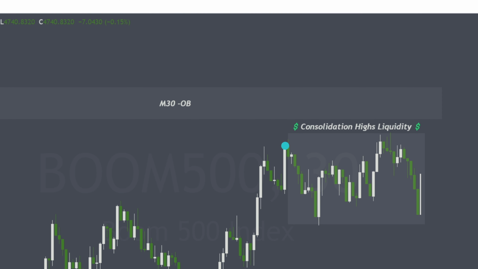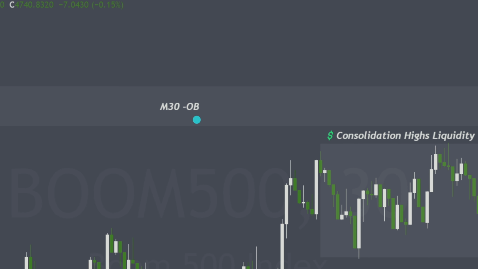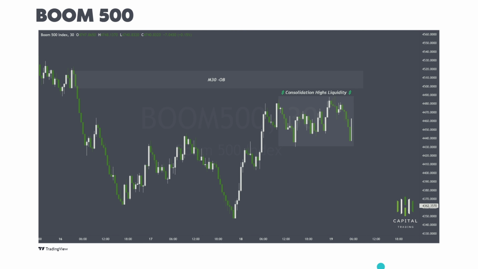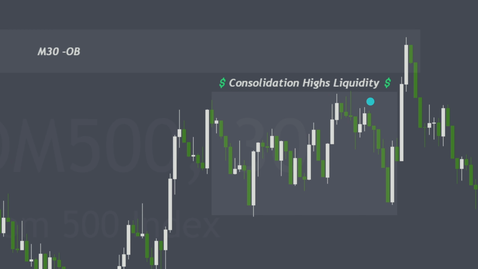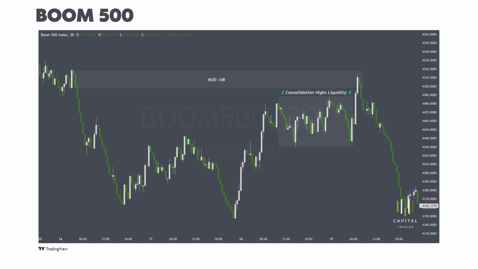So that's what we did. We managed to identify this consolidation, and then we wanted to see if price is going to reach into these consolidation highs and into this bearish order block and then continue to drop to the downside. And that's what it did here. It reached into our consolidation highs and then dropped to the downside heavily.